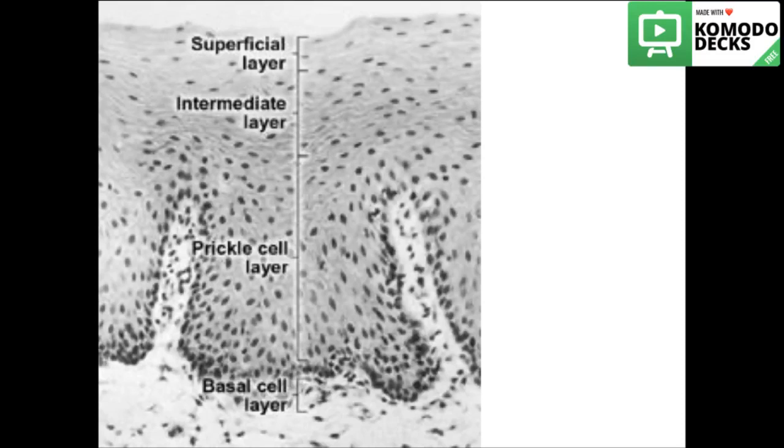We can see a microscopic picture of a non-keratinized epithelium, the superficial layer, intermediate layer, prickle cell, and the basal layer. You can easily know what type of epithelium if I ask you.